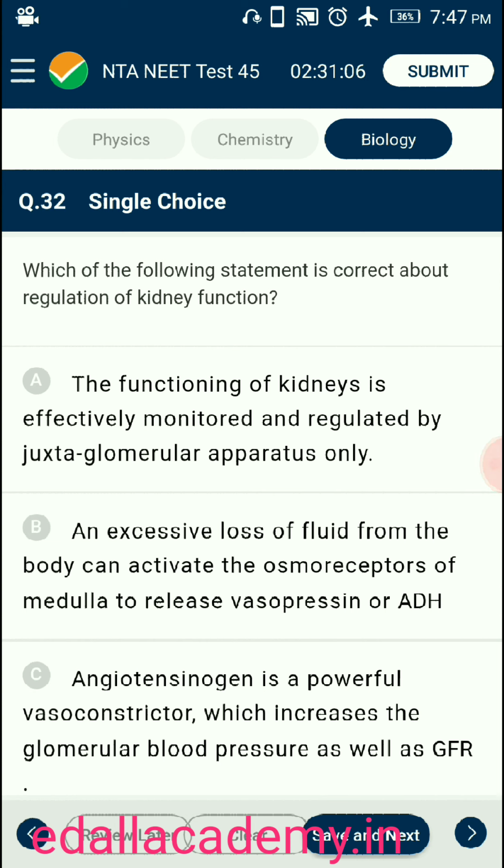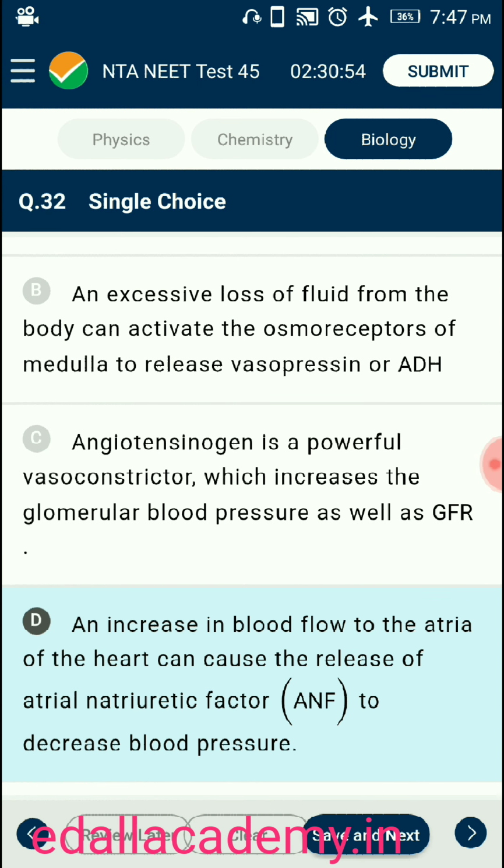Angiotensin 2 is a powerful vasoconstrictor which increases the glomerular blood pressure as well as the glomerular filtration rate. So the answer for this question is option D. An increase in blood flow to the atria of the heart can cause the release of atrial natriuretic factor, generally called ANF, to decrease blood pressure.